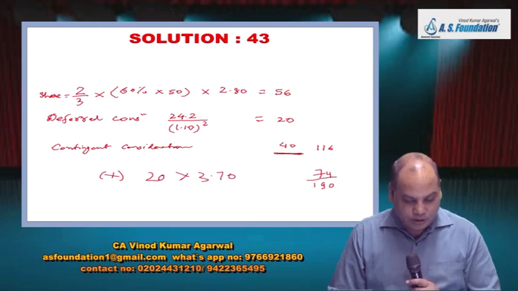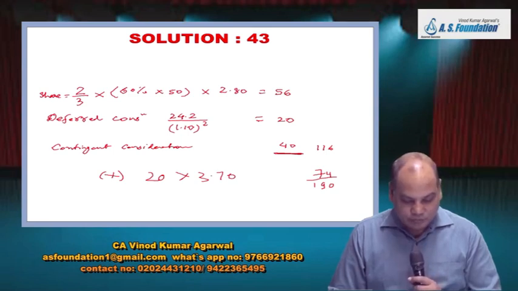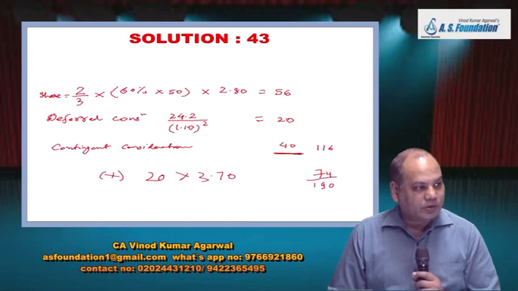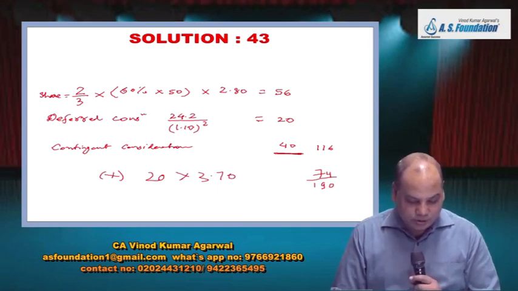The estimated remaining useful life of the building element of the property on 1st October 2015 was 20 years. So building we will depreciate. How many years are over? 1 year is over. So for 1 year you have to provide depreciation on building. Incremental amount 15 million you have to provide depreciation.